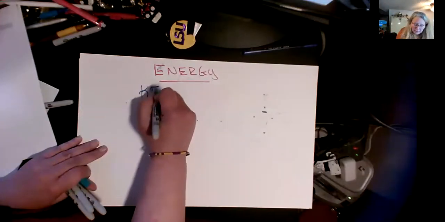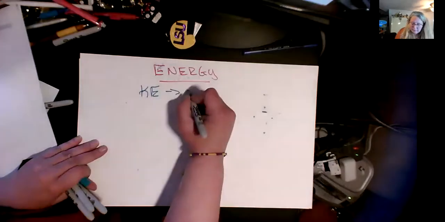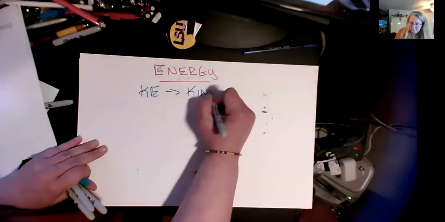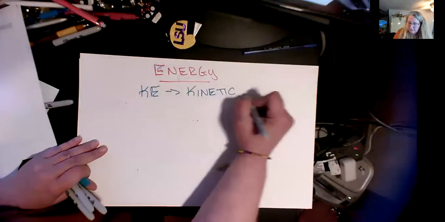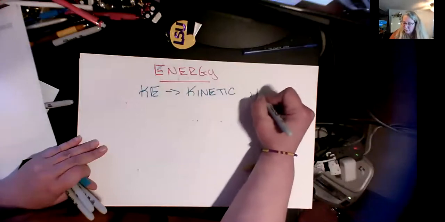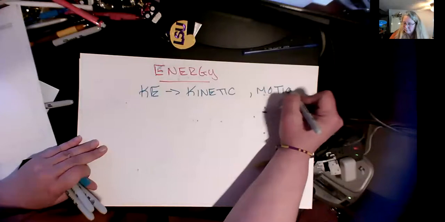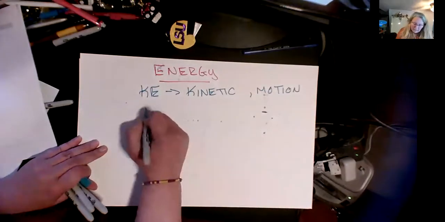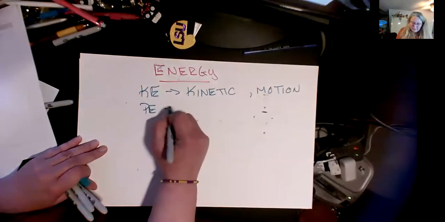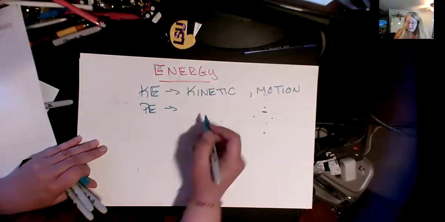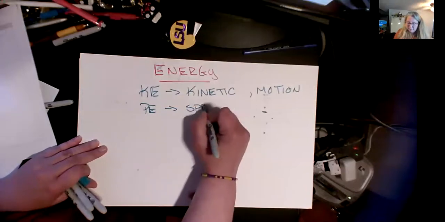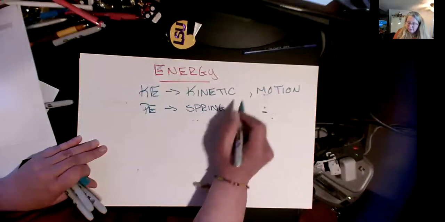We have kinetic energy, and this is related to motion. And then the other one I have is this potential energy. So this is from my spring. I can have a spring, and I have more than what I'm going to list here.